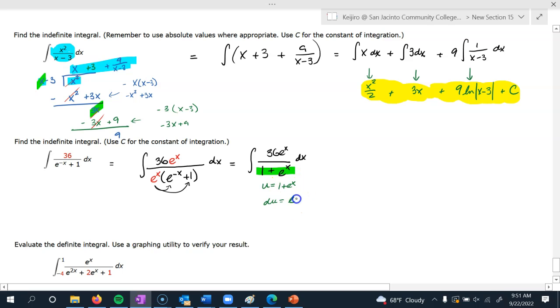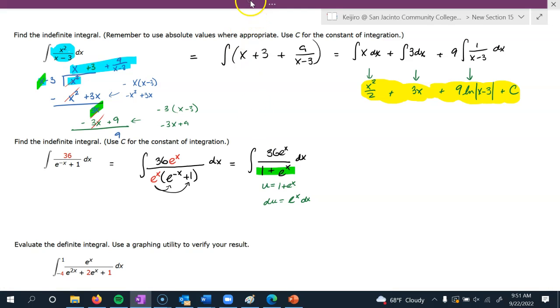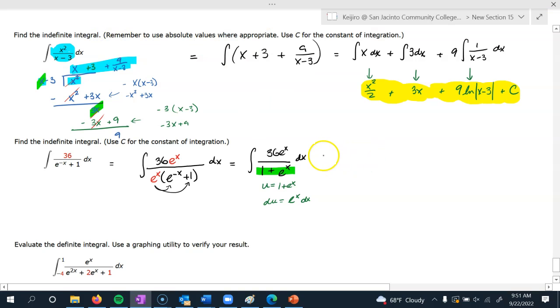The derivative of e to the x is e to the x, and there's going to be that dx. Well, it looks like we have that du on the top. We have e to the x dx now. So that's looking pretty good.